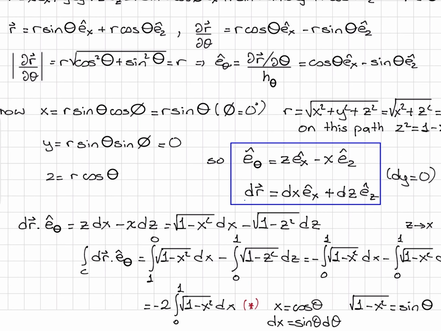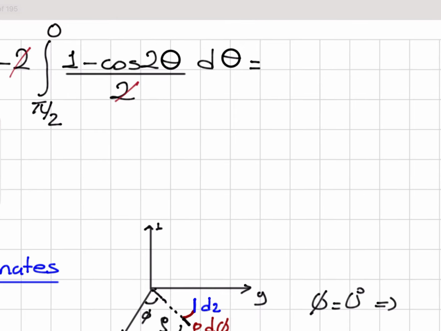So let's just make sure that x equal to 0 implies cosine pi over 2, and x equals 1 implies cosine 0. Okay, pi over 2 to 0.